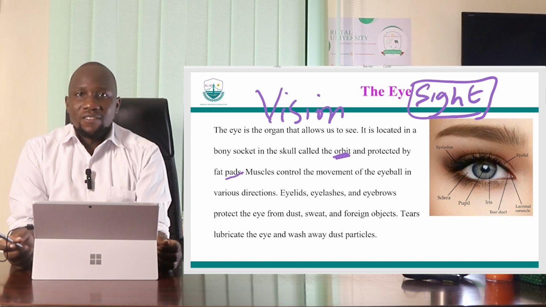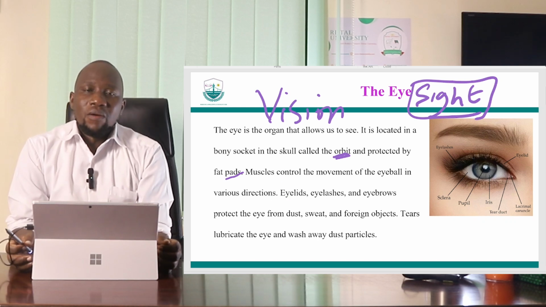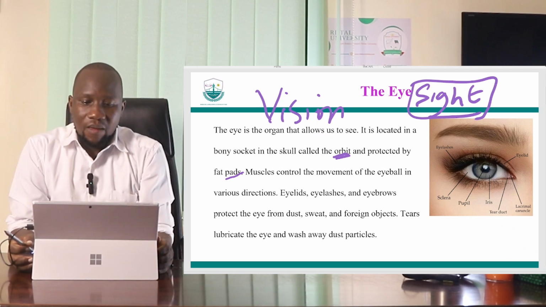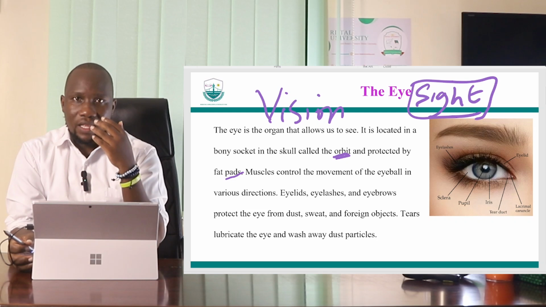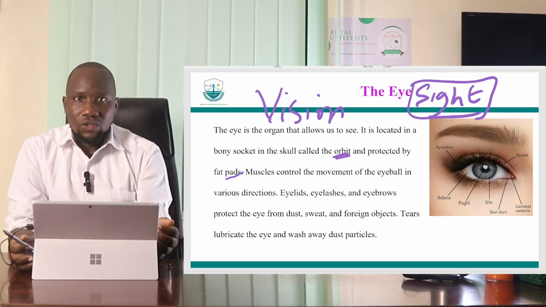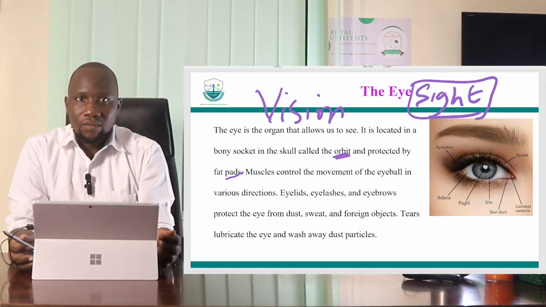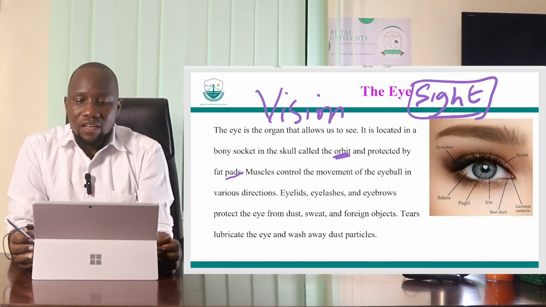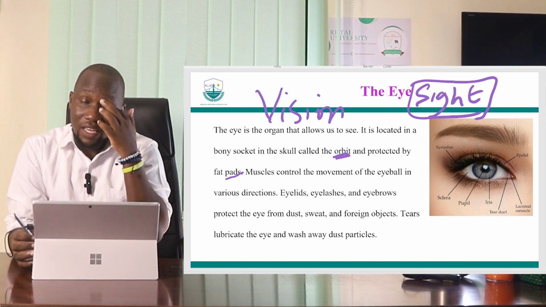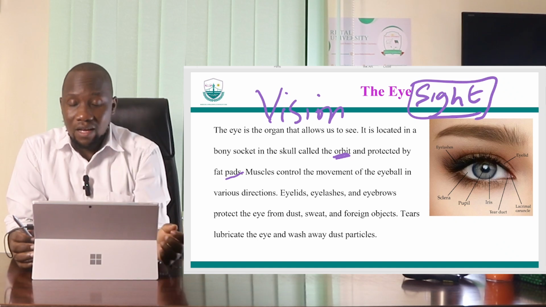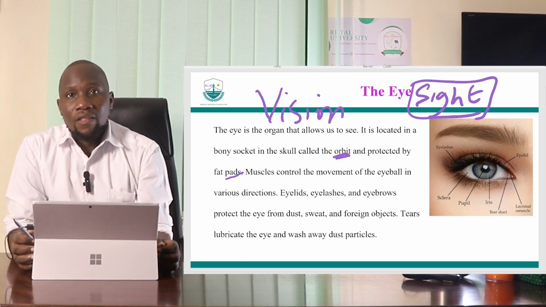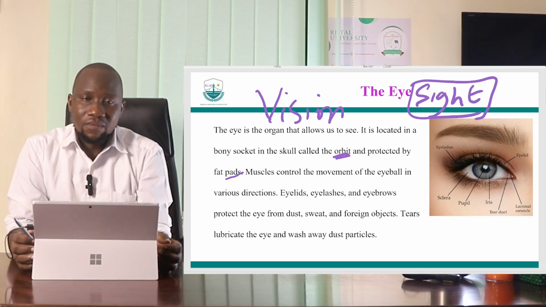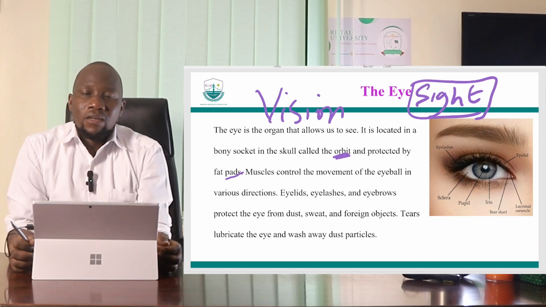Superficially, meaning what you see on the surface, when you look at the eye, you see the lashes, which are hair, and then the eyelid, the skin that covers the eyeball. Inside the skin you have the conjunctiva, the inner part of the eyelid.